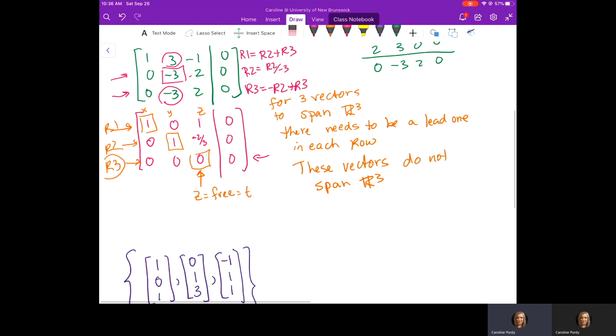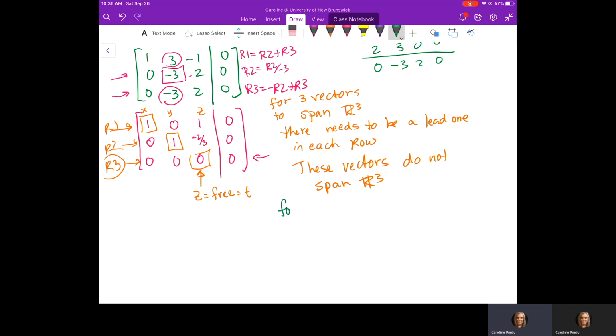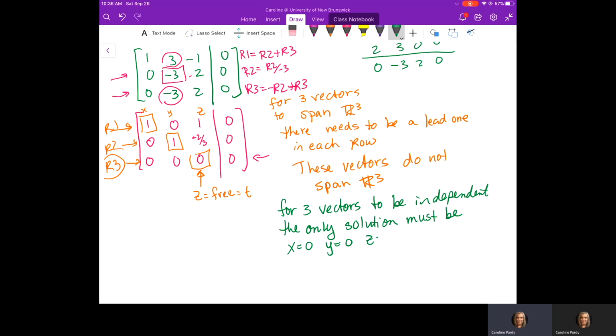But let's talk about independence first before I move on to the second example. For three vectors to be independent, the only solution must be x equals 0, y equals 0, and z equals 0, i.e., there are no free variables.